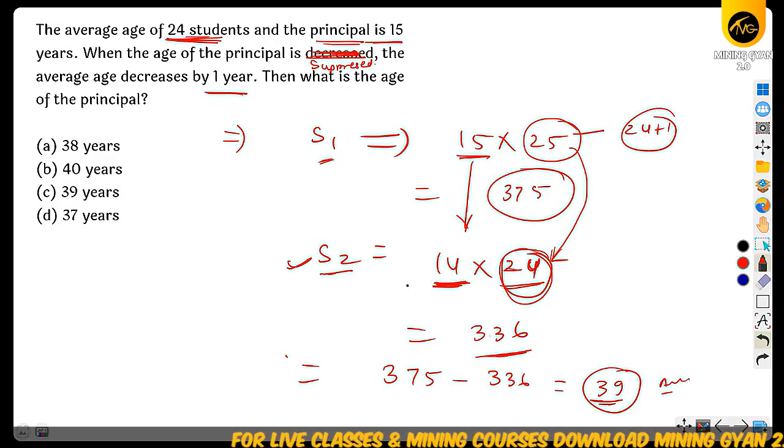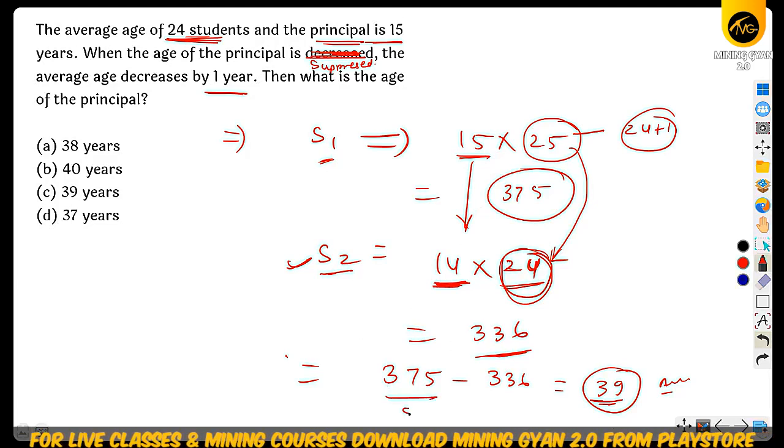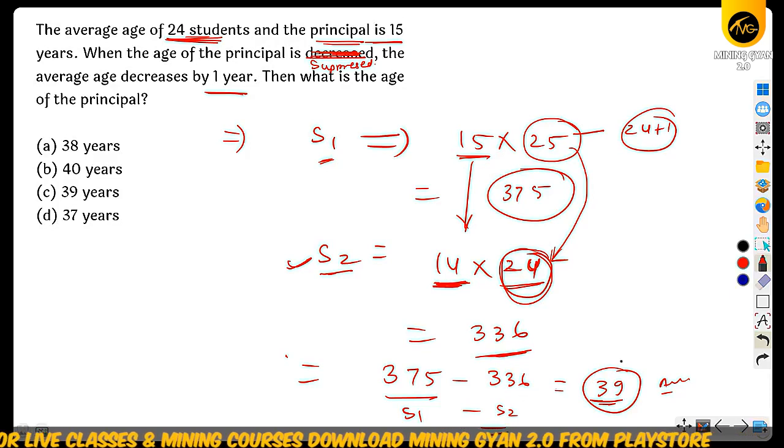Now just multiply the numbers. Suppose this is S1 and minus S2. Now just subtract 375 minus 336. Now we have 39.